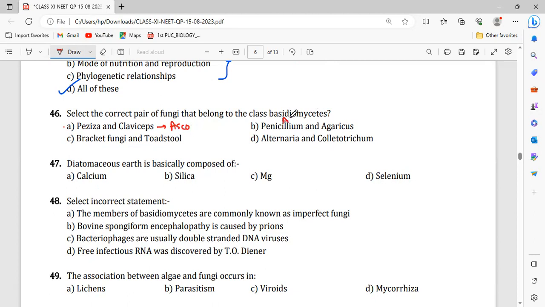Penicillium belongs to Ascomycetes. Agaricus belongs to Basidiomycetes. Alternaria and Colletotrichum both belong to Deuteromycetes. Bracket fungi and toadstool, both of them belong to Basidiomycetes. So now it is clear. Option C is the answer.